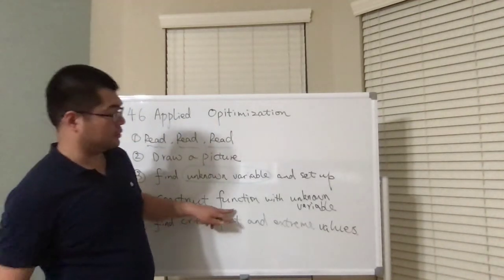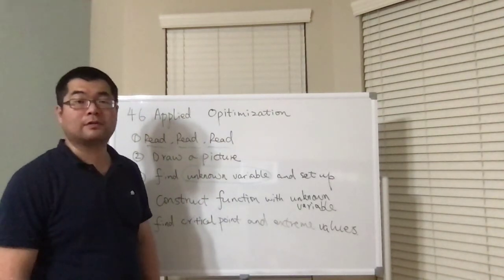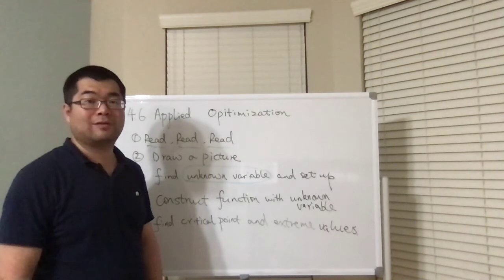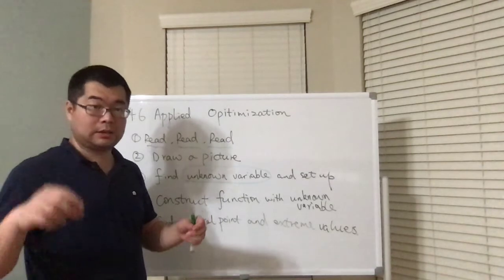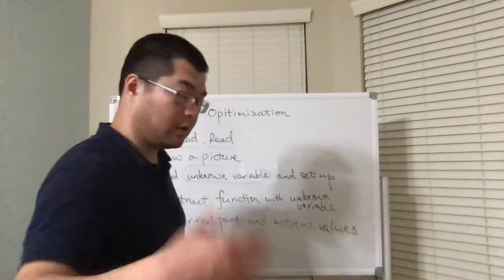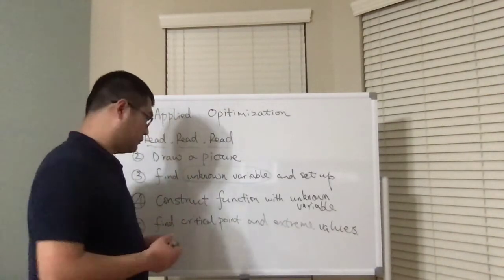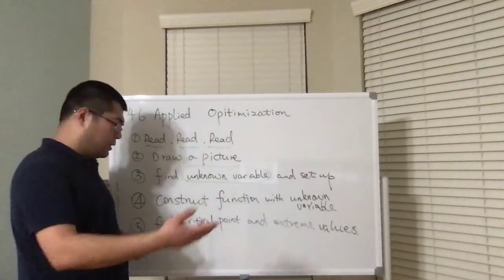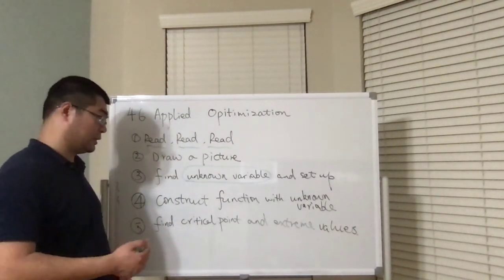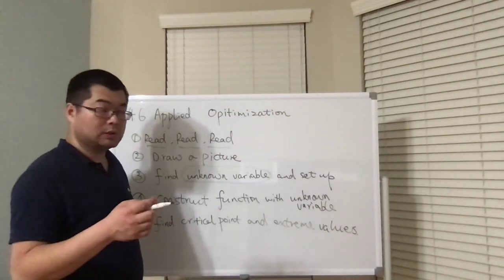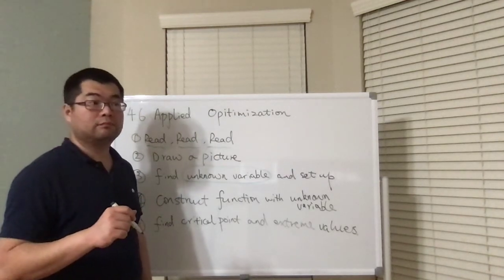we try to construct a function with our unknown variable. For example, if you try to figure out the area of that rectangle, we know that the area equals the width times the height, and then we can construct our area function. And then often the problem will ask you how to do so that the area can be maximized, and you see that this is related to section 4.1, when we talked about the extreme values, right?